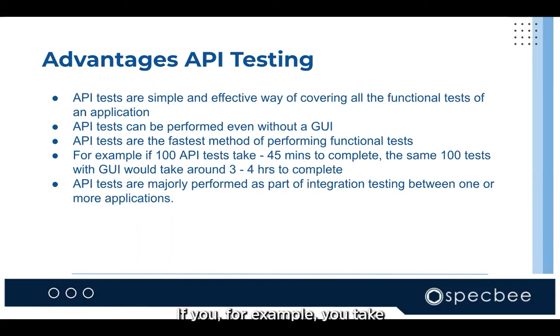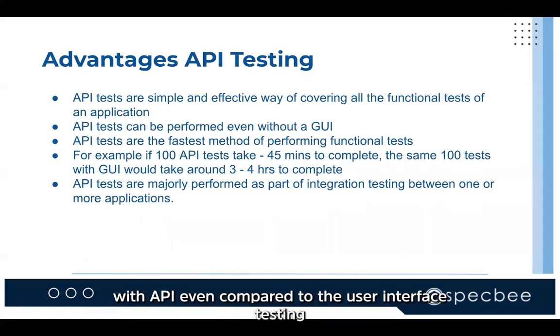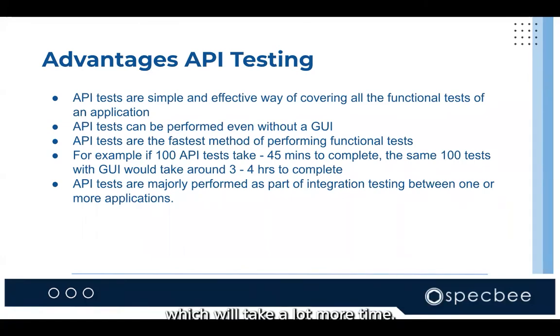For example, 20 to 25 test cases can be easily done in 15-20 minutes with API when compared to user interface testing, which will take a lot more time. So these two are the major advantages of API testing.